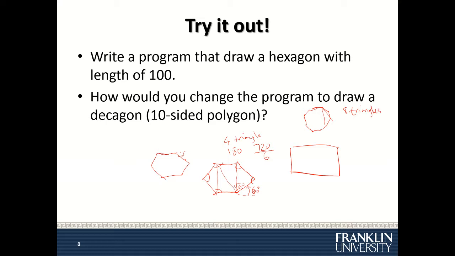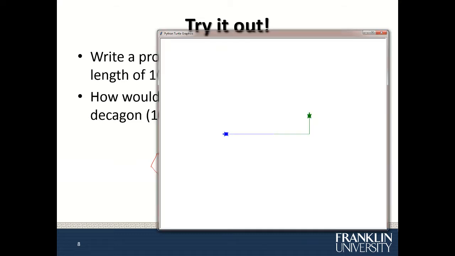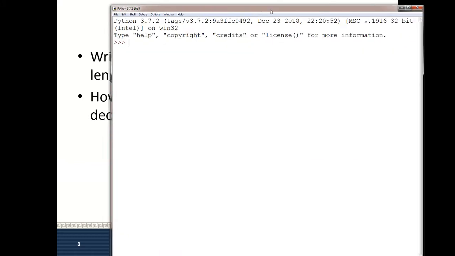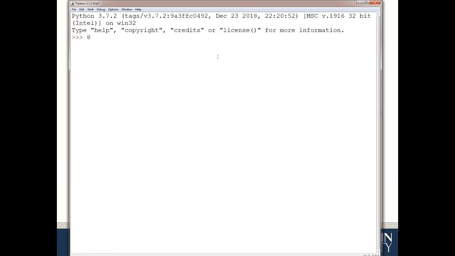Why is it important? 8 triangles, 8 times 180, and using the Python shell, 8 times 180, the total number of degrees is 1440, and that's for 10 sides.